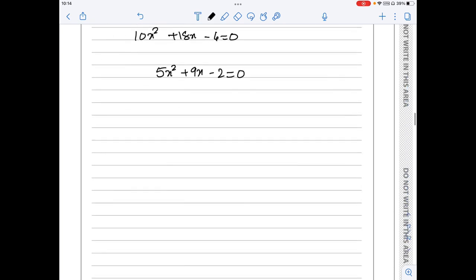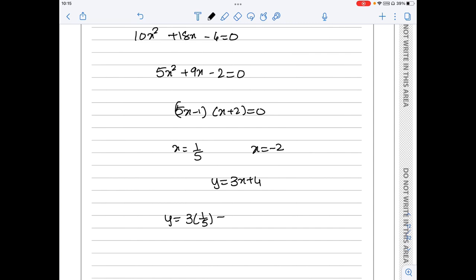Now factorize this one. It should become (5x minus 1)(x plus 2) equals 0. So x equals either 1 upon 5 or x equals negative 2. Once I have the values of x, y equals 3x plus 4. Plug in: y equals 3 times 1 upon 5 plus 4. So y equals 3 upon 5, which is 0.6, so it becomes 4.6.